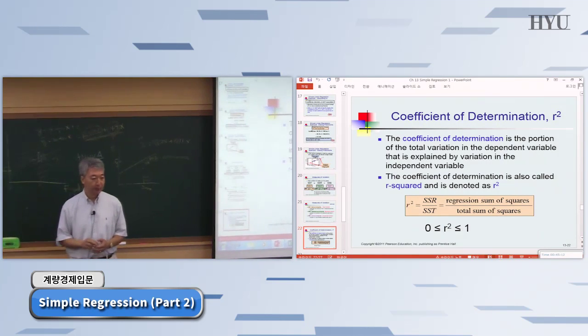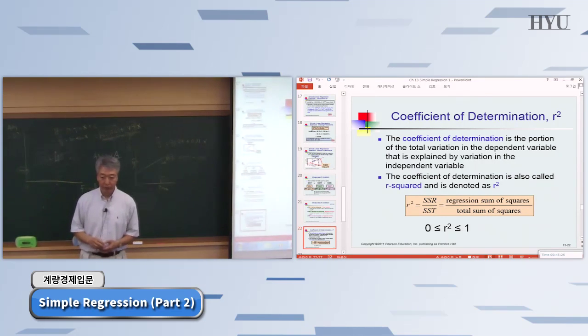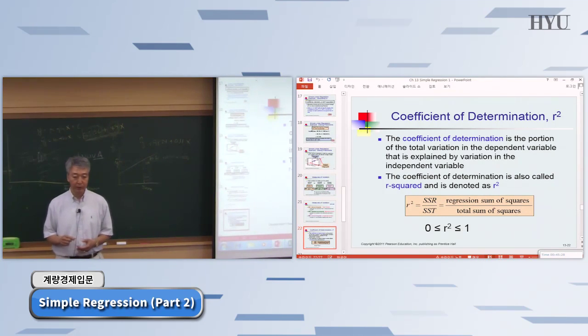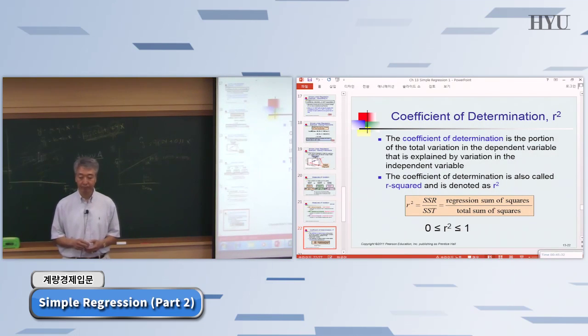First is whether it's positive or negative, which means we can see the direction of the relationship between the two variables, whether they are positively related or negatively related.